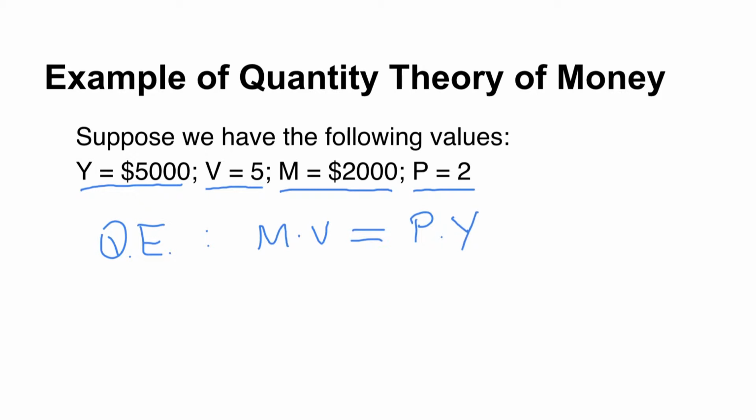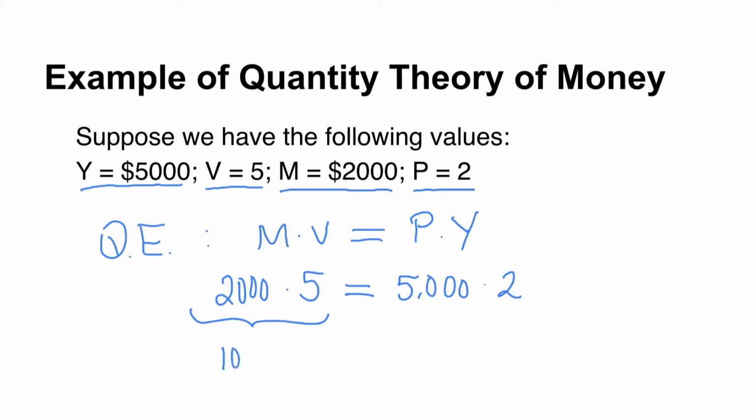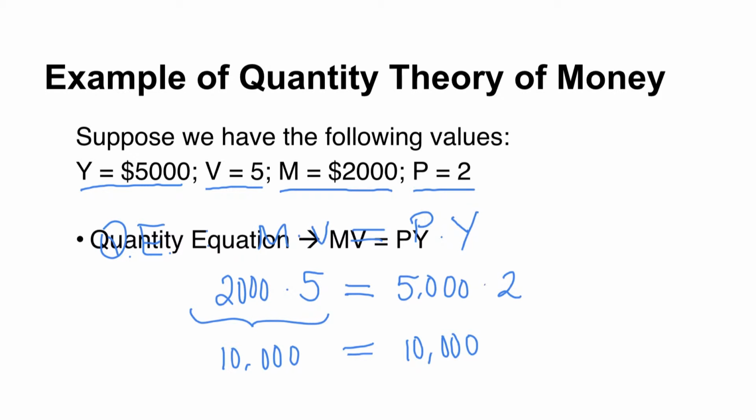So let's plug in our numbers. 2,000 times 5 is equal to 5,000 times 2. So we can see that from our quantity equation, money supply times velocity is equal to 10,000, and the nominal GDP, price level times real GDP, is 10,000. Okay, great.